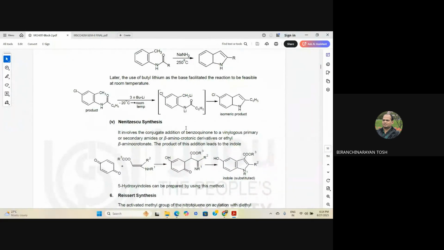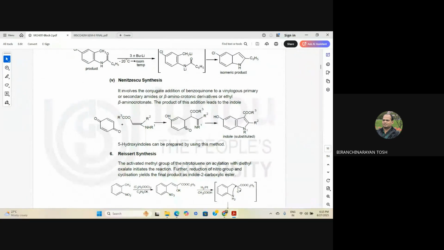Next is the Nenitzescu synthesis. It involves the conjugate addition of benzoquinone to a vinylogous primary or secondary amide, or beta-amino crotonic derivative, or ethyl beta-aminocrotonate. The product of this addition leads to the indole.